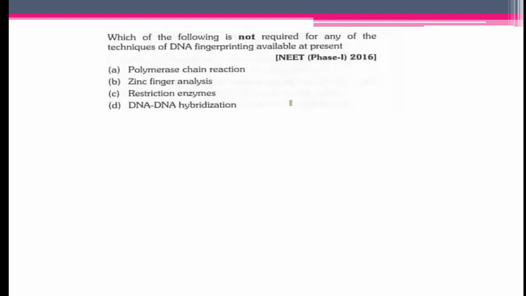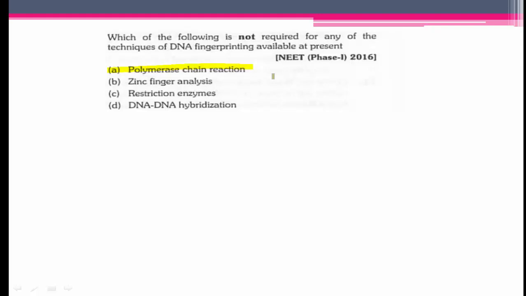Which of the following is not required for any of the techniques of DNA fingerprinting available at present? In DNA fingerprinting, the VNTR is compared as a method of identification. It requires PCR, because PCR is the technique for amplification of DNA, that means to increase the copies of DNA.